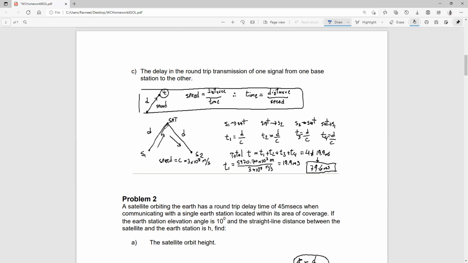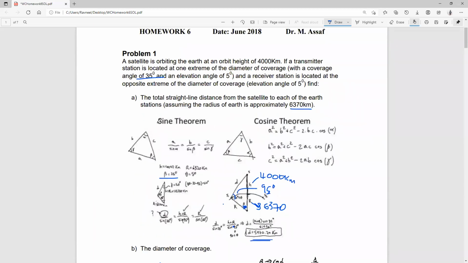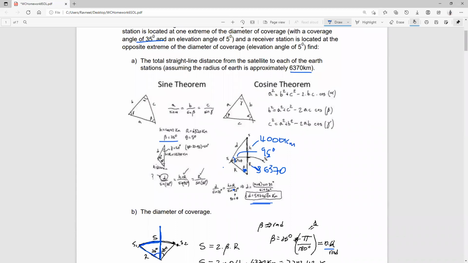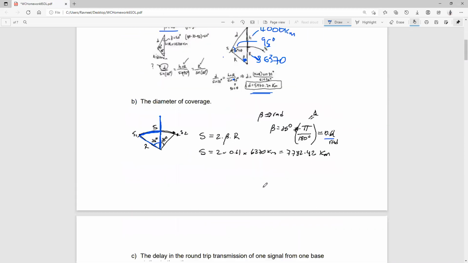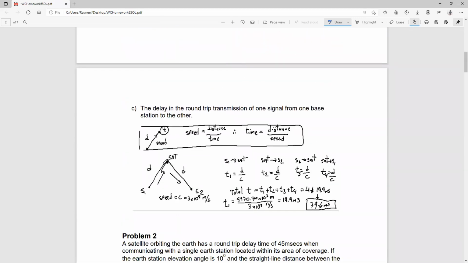So we know this particular distance, right? This D that we have calculated in part A of this particular question, that is 5,970.7 kilometers. So we know the distance, and since it is traveling in free space, the speed will be the speed of light. So basically we can calculate the time.